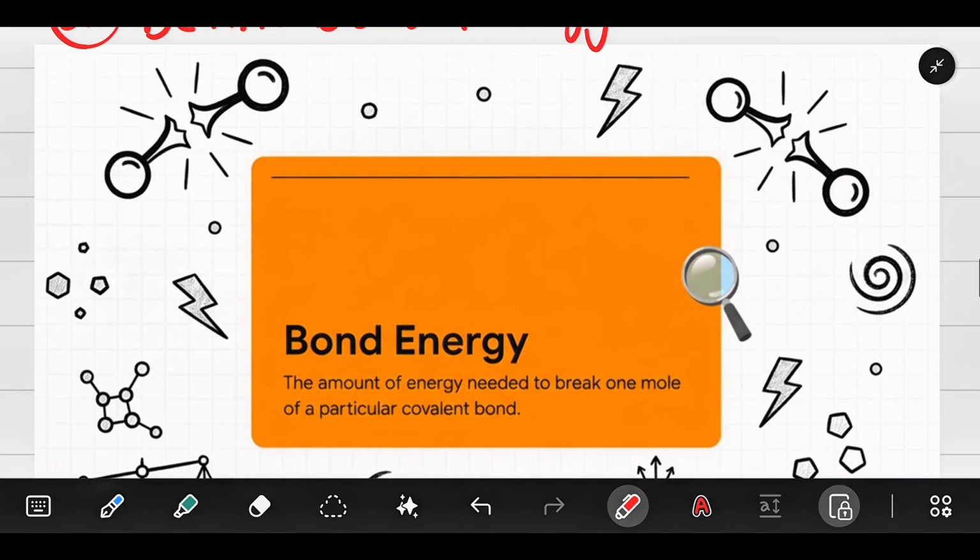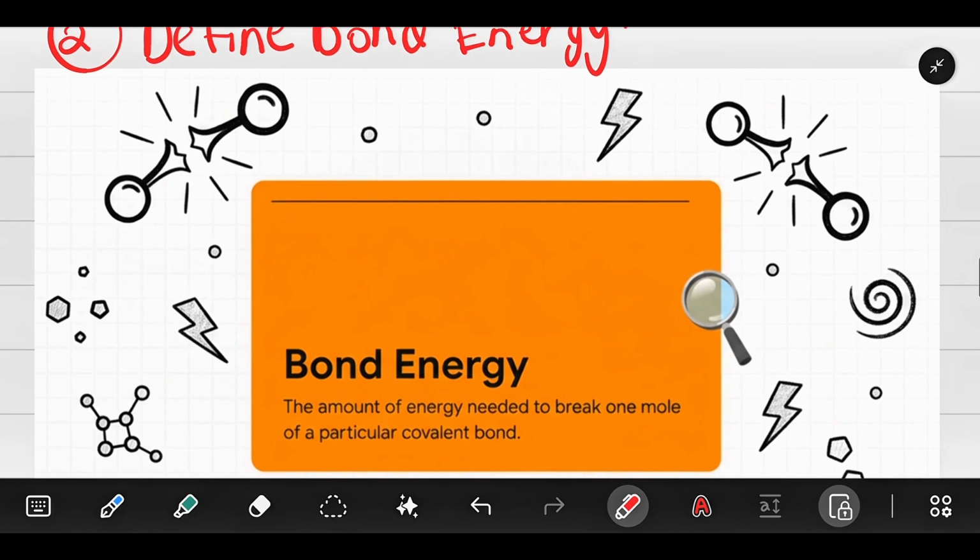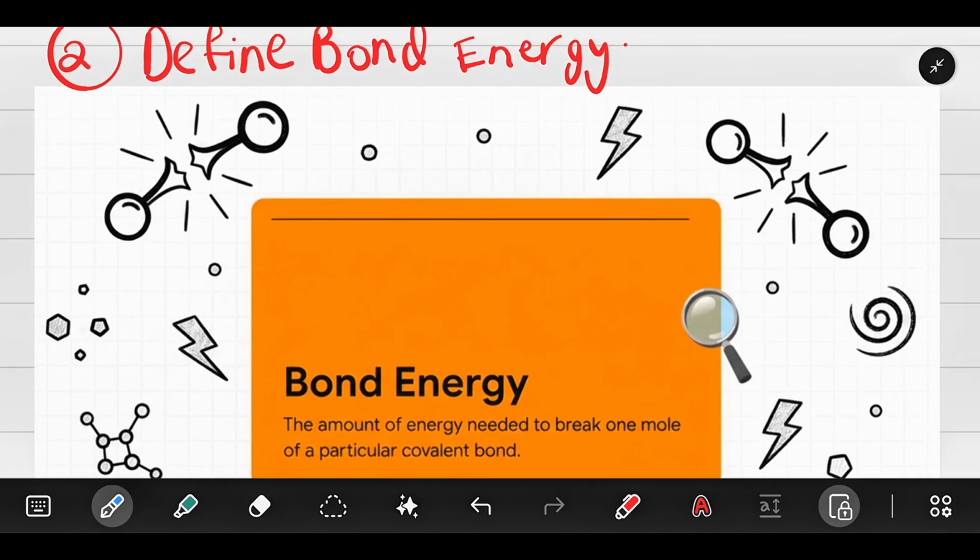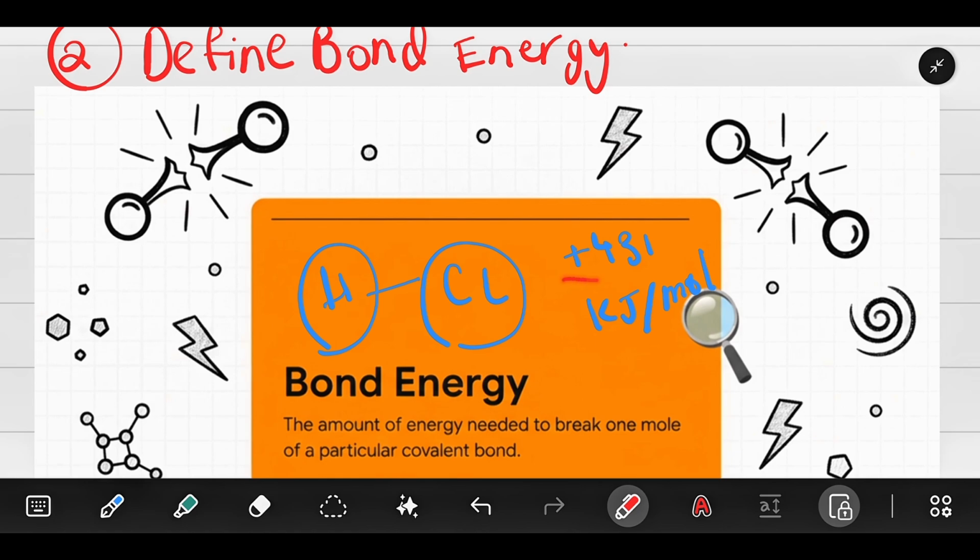Bond energy is the amount of energy needed to break 1 mole of a particular covalent bond. So if I have an atom of hydrogen bonded to an atom of chlorine and the bond energy is positive 431 kilojoules per mole, that means we have to supply 431 kilojoules per mole of energy to break 1 mole of these compounds.